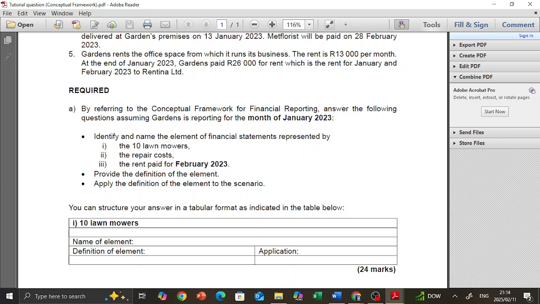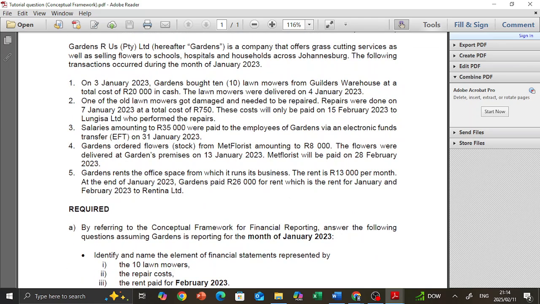Identify and name the element of financial statements represented by 10 lawn mowers, repair costs, rent paid for February 2023. We now go up. We were here, this is where we ended. On 3 January 2023, dates. Another thing, notebook and pen out.